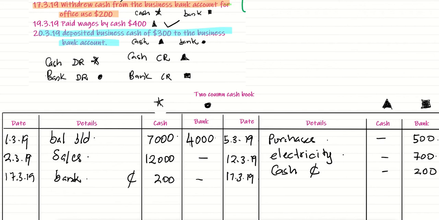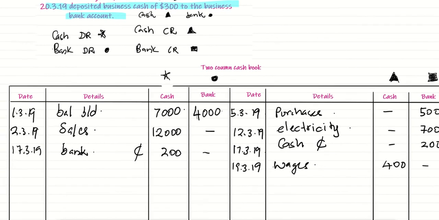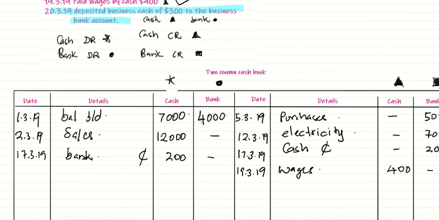Paid electricity by cash, so it's on 19th and it's on the credit side of the cash book, and you paid wages, you paid by cash, therefore cash triangle. Last transaction, deposited business cash of 300 to business bank account.